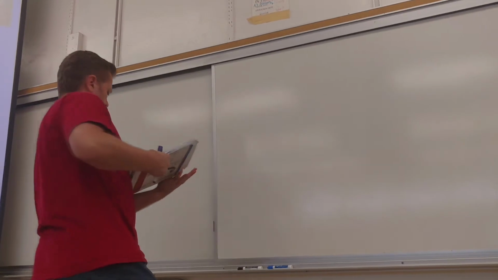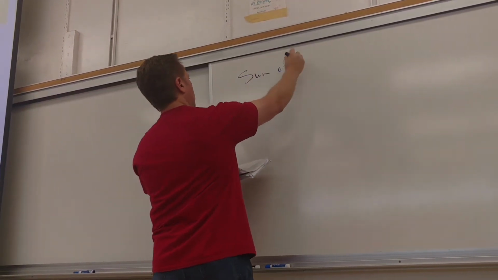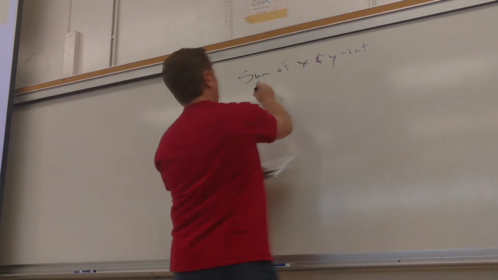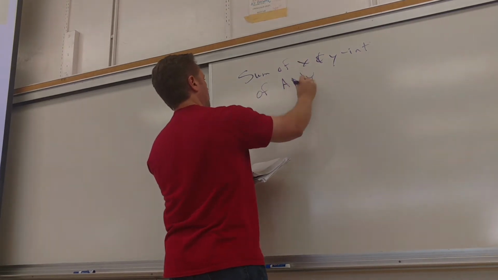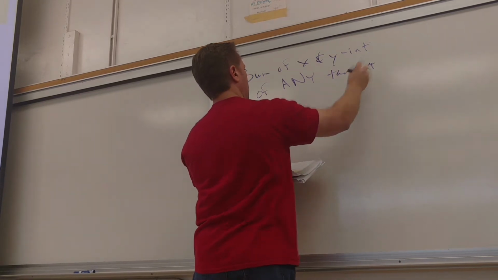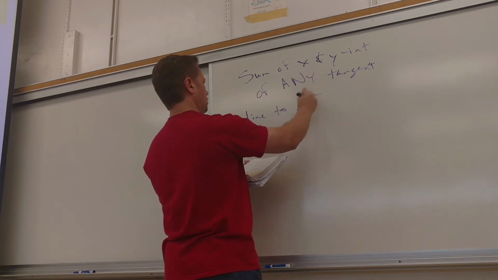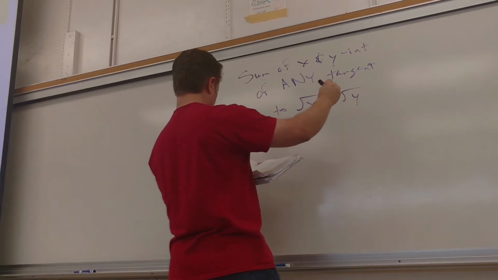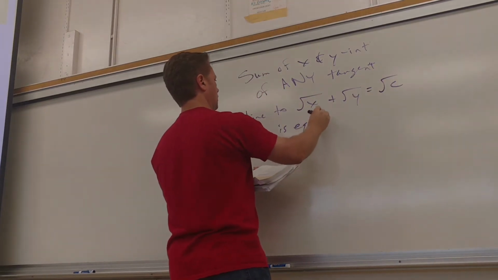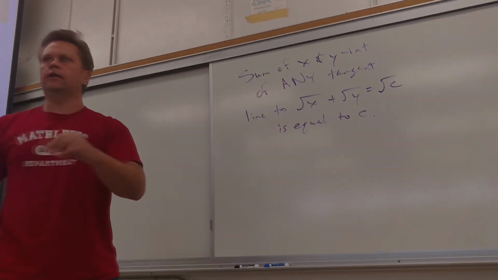Show that the sum of the x and y intercepts of any tangent line to this curve is equal to C. Now I know it's obvious by just looking at it that this is true.